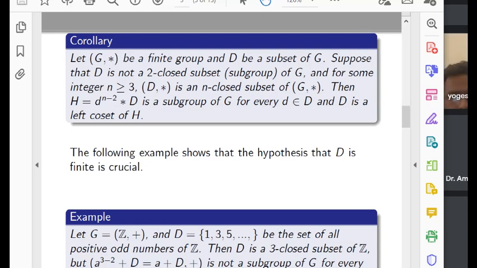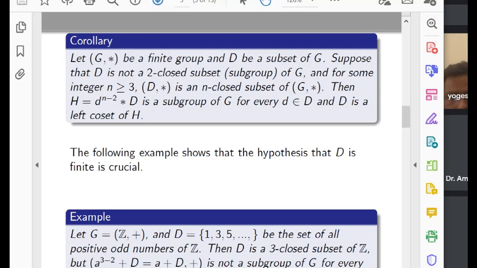But here, n is 3. If I do 3 minus 2 plus D, which is 1 plus D, and this is under addition, it is definitely not a subgroup. So definitely this example shows that the group being finite is crucial.